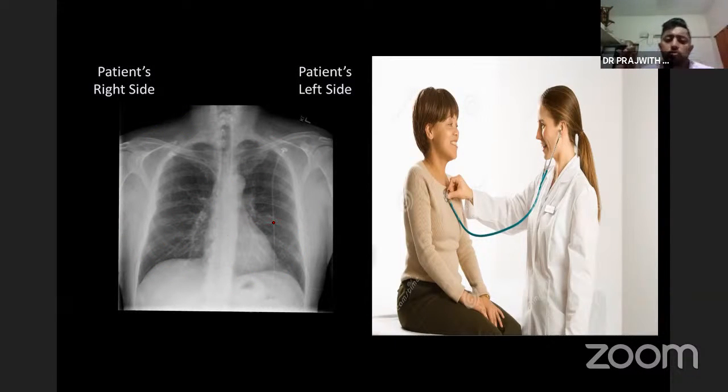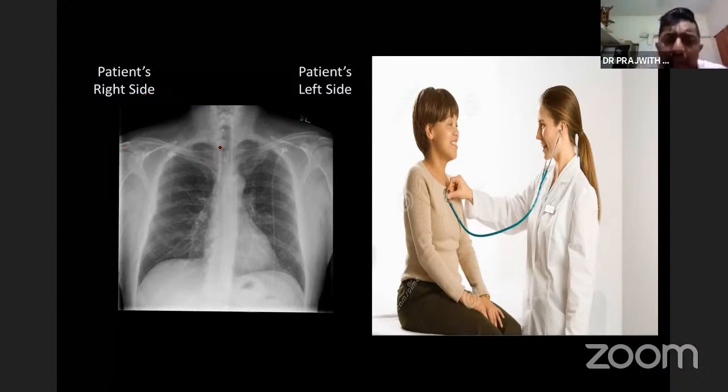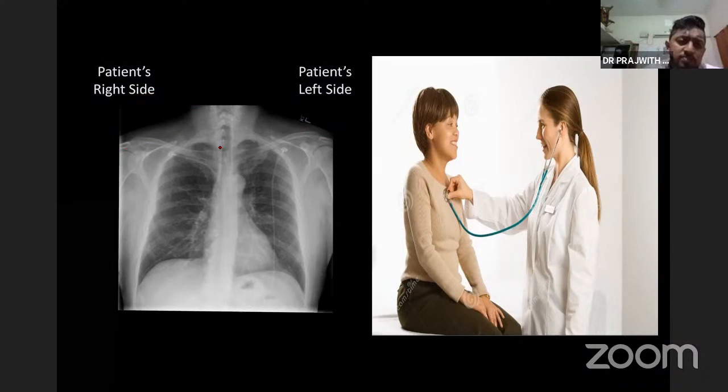Very simple it is. So any image, unless there is a label here, usually there will be a label. See here there is a label. We can see one label here, left. Unless otherwise specified, if there is no label here, we know that this is the left and this is right.